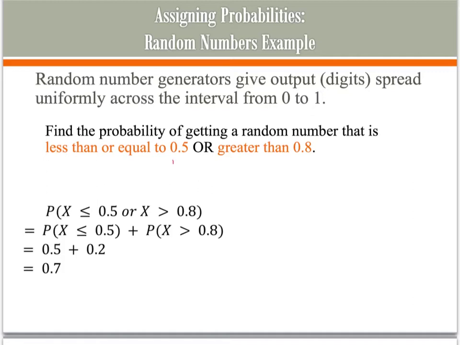Well, these are disjoint events because they can't occur at the same time. And if they're disjoint events, we can take the individual probabilities and add them up.